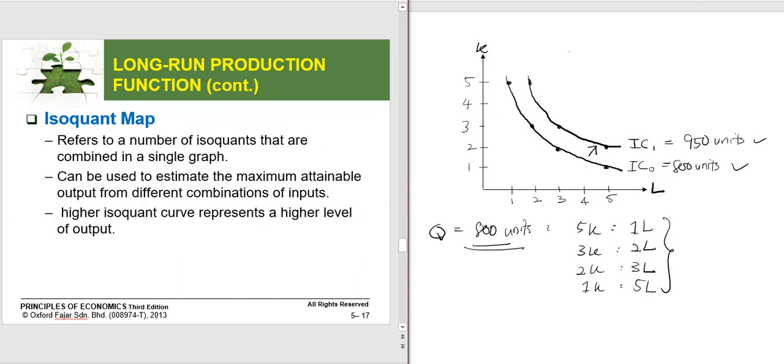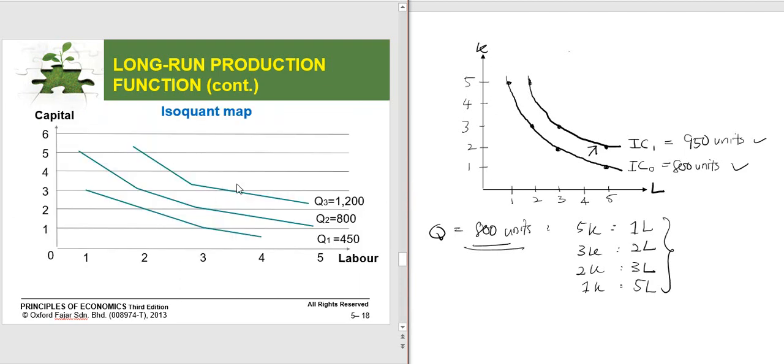Alright, so this is the isoquant map. Okay, so you have different levels of isoquant curve. The lowest one here, the bottom one here, indicates the lowest level of output, which is 440 here. The second isoquant is when you want to produce 800 units.